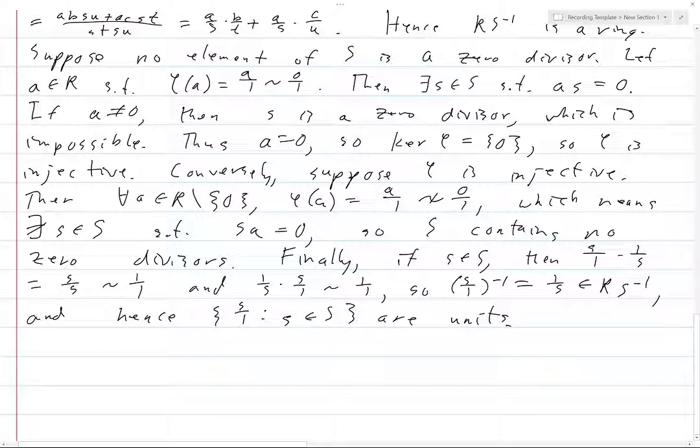Anything that's a non-zero integer, you divide it by 1, it's invertible, and you just do 1 over the thing, and that's the inverse, and so those end up being units. But of course, in the rationals, every non-zero element is invertible, so there are more units than just that.